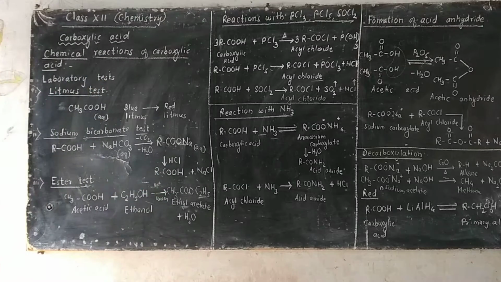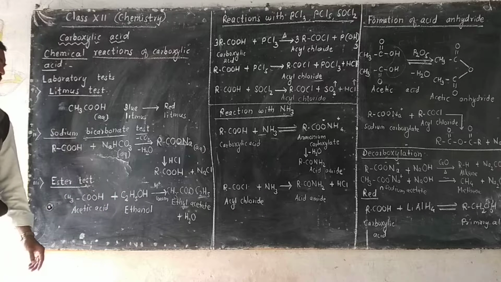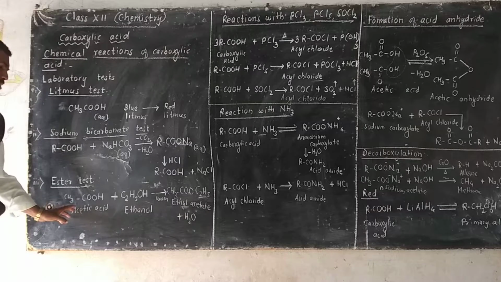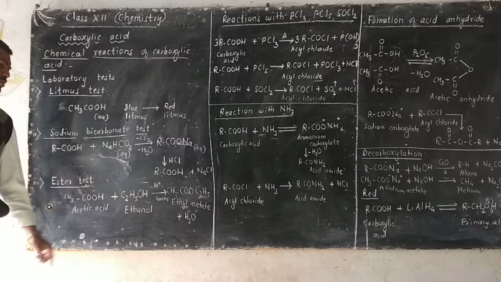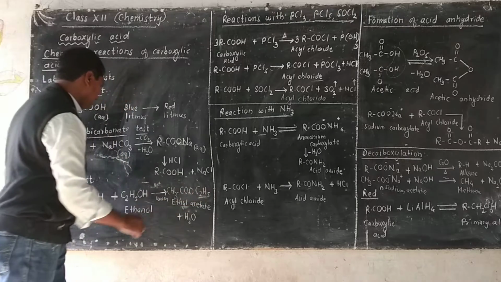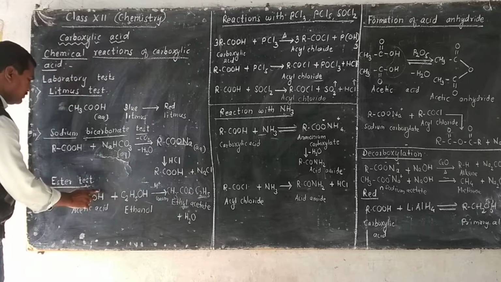Then ester test. It is a well-known test of carboxylic acid. When carboxylic acid reacts with alcohol, then ester is obtained. So here, when acetic acid reacts with ethanol to form ethyl acetate, the hydrogen is replaced by the ethyl group.